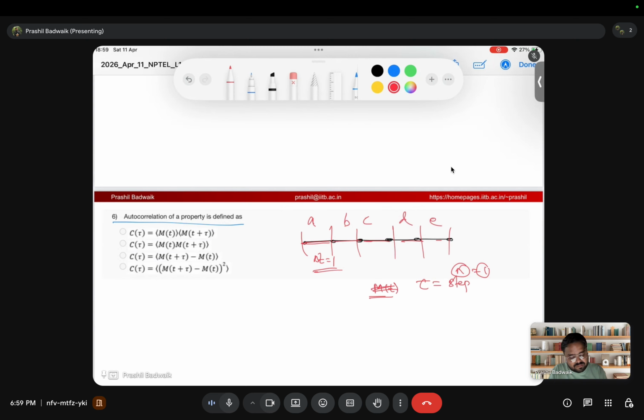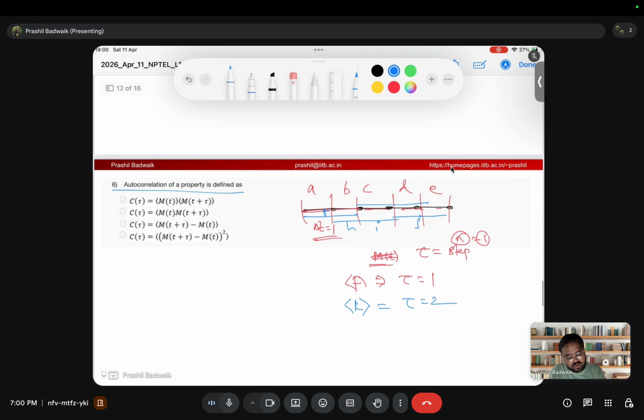For example, f is the average, corresponding to tau equal to 1. Then we will take two intervals, for example f, g, h, i, j. The average of them is k, for example, for tau equal to 2. So we'll plot it for each and every step, tau value 1, 2, and so on.